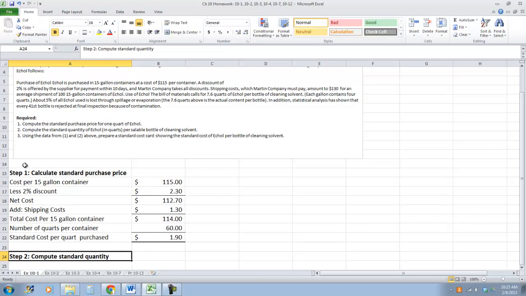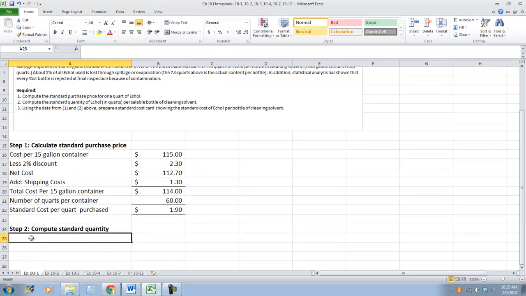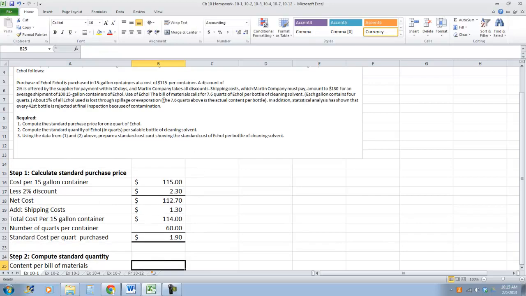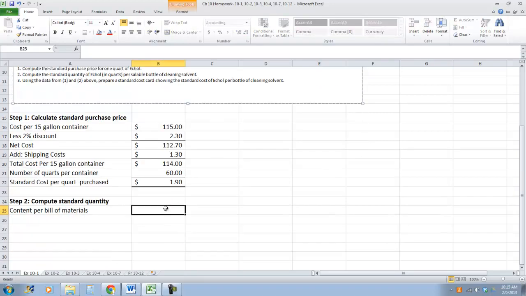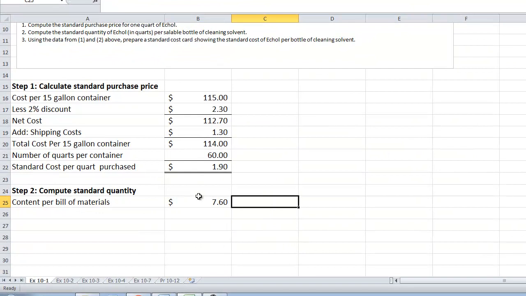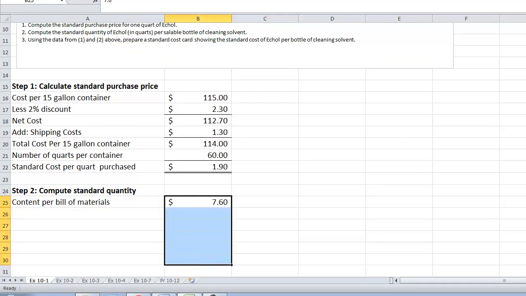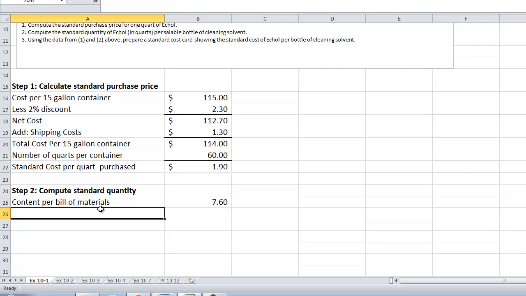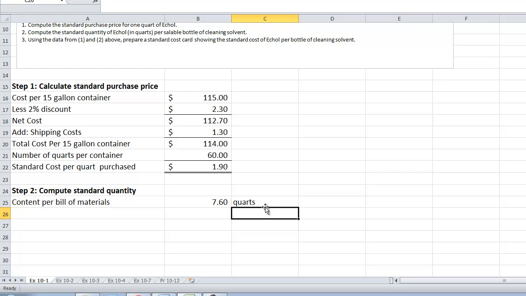Okay, so it says in the problem that the content per bill of materials that we use is 7.6. And these aren't dollars, these are quarts, right? 7.6 quarts. Put this over here so we're aware of what we're dealing in.